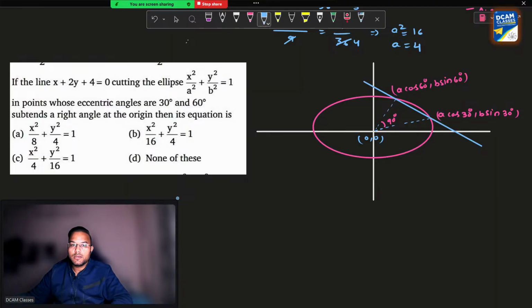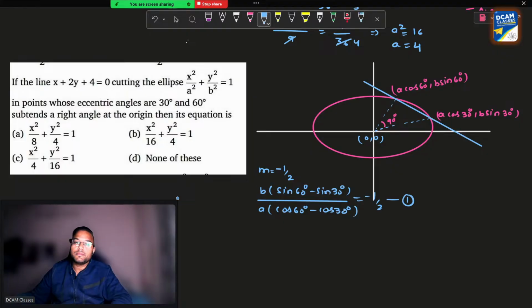Equation is given to me. Slope of the line is minus half. So b into sin 60 minus sin 30, over a into cos 60 minus cos 30, is equal to minus half. So I can find this out.